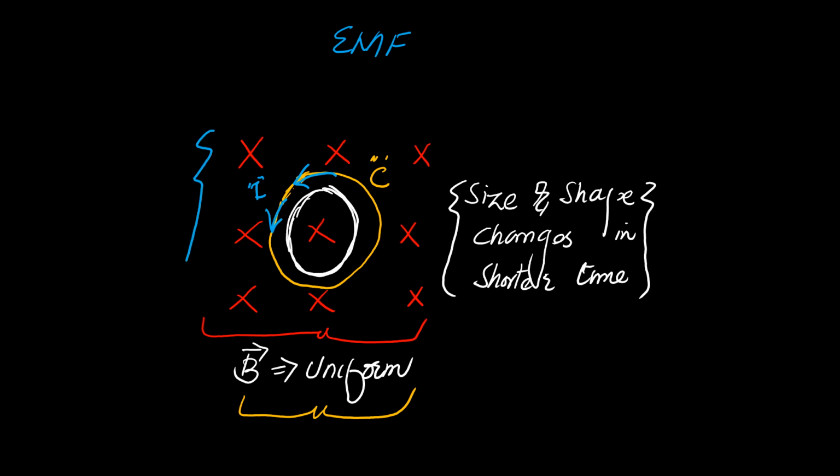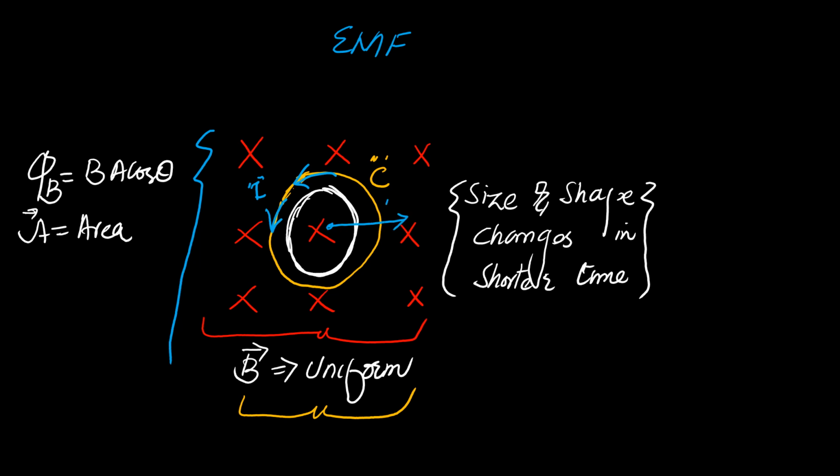So the reason for generation of electromotive force in a conducting wire is quite simple. Since you know that magnetic flux phi B is equal to B A cos theta, where A is the area vector, and this area vector is always perpendicular to the surface of the material.